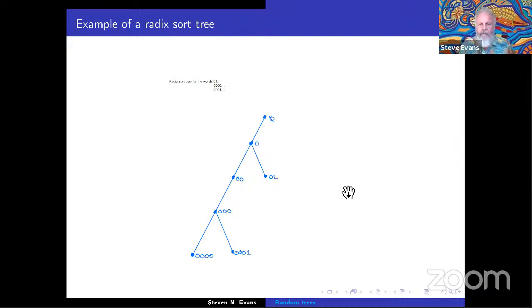And so that's a way of using trees to sort the infinite words.